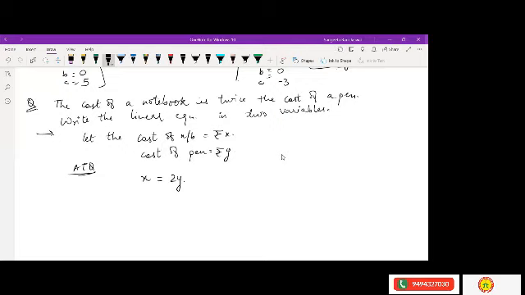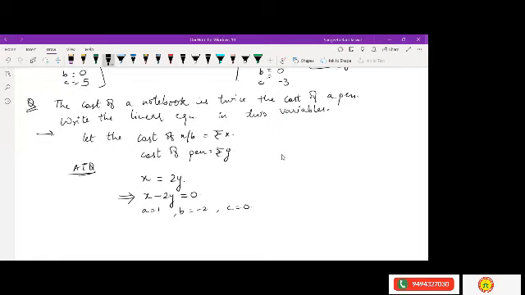Okay. So this is the equation form, and we have to bring all these things to one side. It becomes like this: x minus 2y equals 0. Here a is 1, b is minus 2, and c is 0.